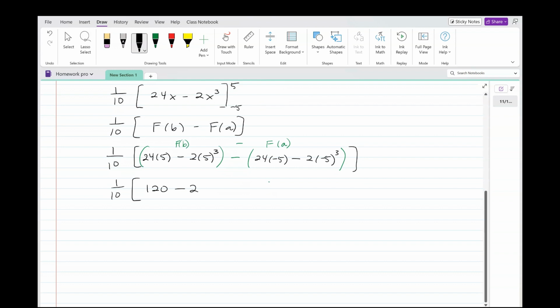Minus 2 times 5 to the third power, which is 125. 125 times 2 is going to be 250. And again, this is all part of f of b. Minus f of a, that's going to be the same thing. 24 times negative 5 is negative 120. And then this is going to be negative 125 times negative 2, so that's going to be plus 250.